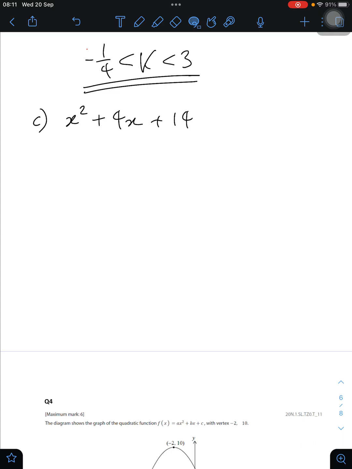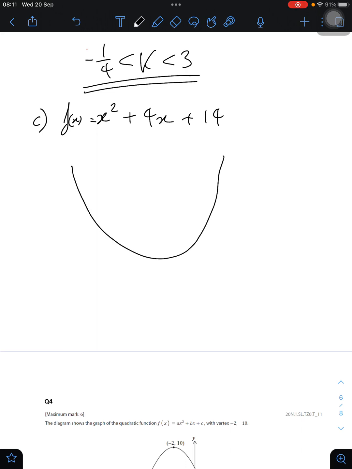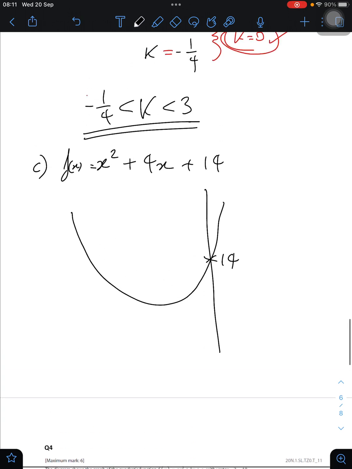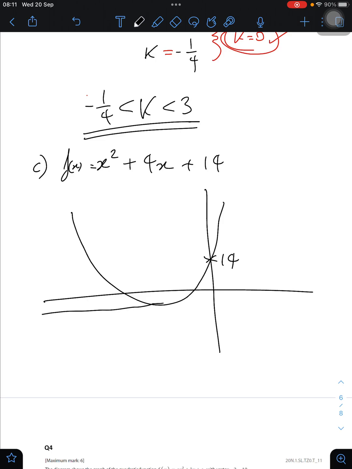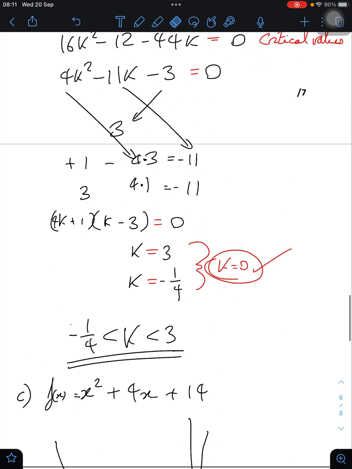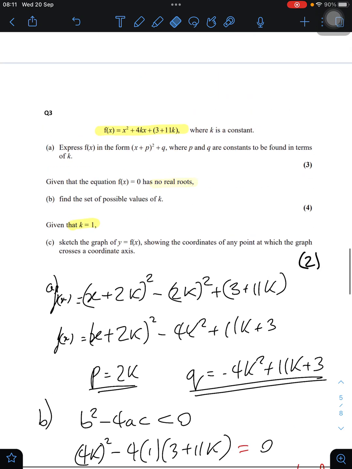So let's try to sketch a value for f of x for this function. First thing we know is it's going to be a smiley face because x squared is positive. Second thing we know is that it intersects at 14. So now we've got to decide whether the line goes through 2 points, whether it just touches the bottom of the curve, or whether it goes through none of them. And to decide that, we already have the answer in the question.